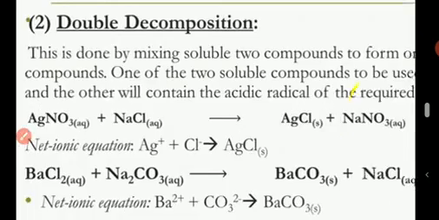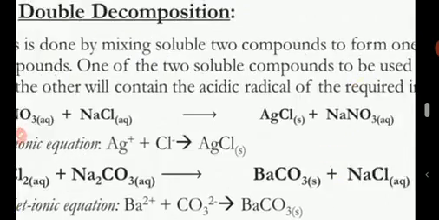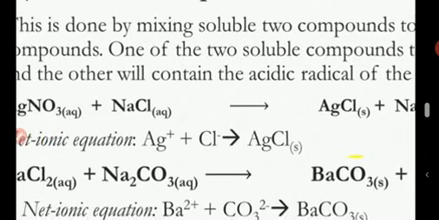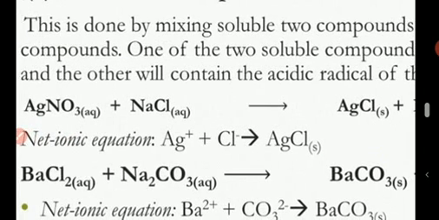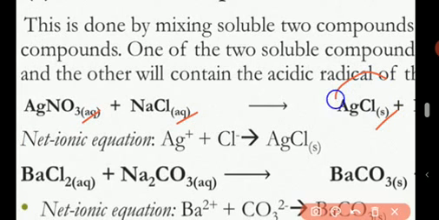When you see the physical state solid, if you mix aqueous and aqueous together and you are getting solid, that reaction is called precipitation or double decomposition, because that compound with the solid state comes out as a precipitate.